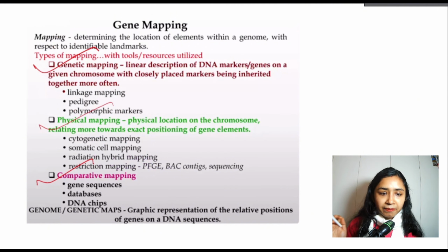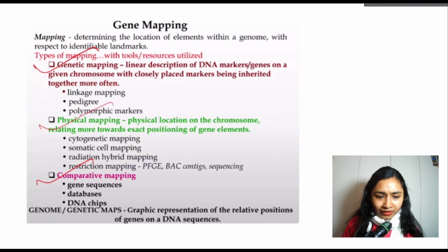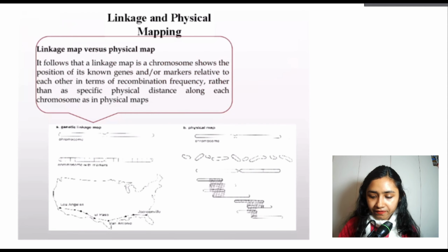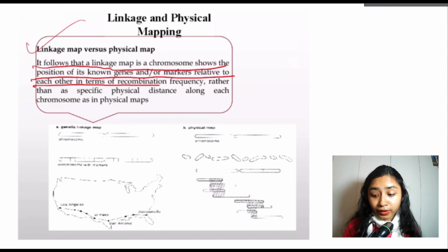Physical mapping is different from genetic mapping. It denotes the physical location on the chromosome, relating more to the exact positioning of the gene elements. Comparative mapping involves gene sequencing, databases, and DNA chips, which are very important for forensic studies. The linkage map is a chromosome map that shows the position of its known genes relative to each other in terms of recombination frequency.